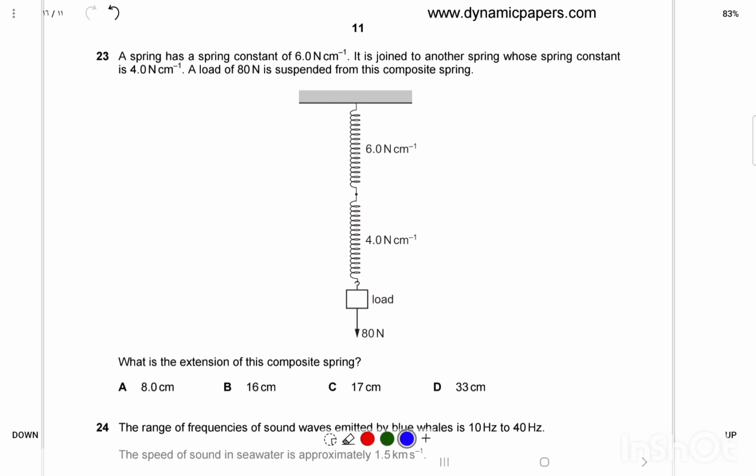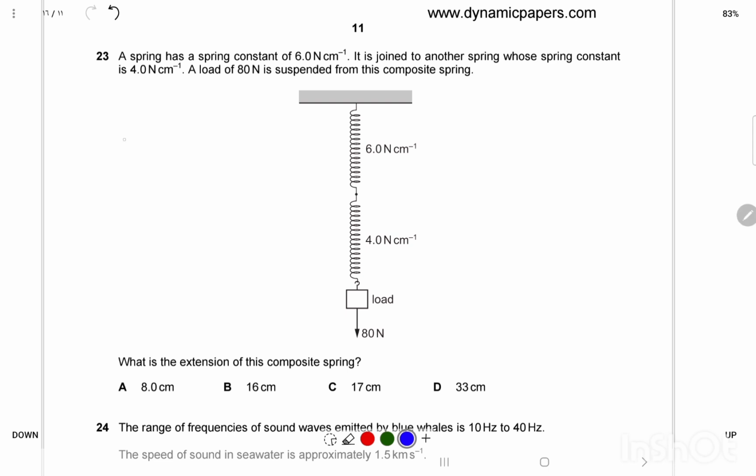23. A spring has spring constant 6 Newton per centimeter. It's joined to another spring whose spring constant is 4 Newton per centimeter. A load of 80 Newton is suspended from this complete spring. What is the extension of the composite spring?